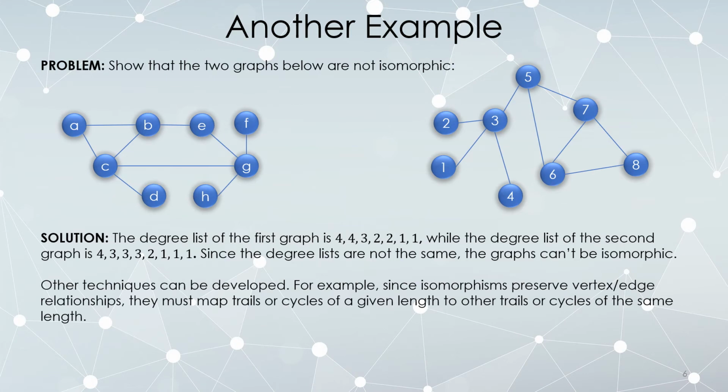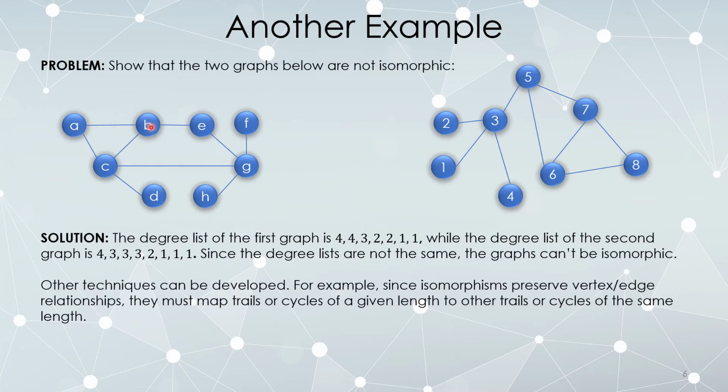There are other techniques for showing two graphs are not isomorphic. Degree list is the most straightforward. But suppose one graph has, for example, a cycle of a given length. So there are, for example, maybe 3 vertices on the left, A, B, C. I can make a cycle A to B, B to C, C to A. If there were an isomorphism, this would have to get mapped to 3 vertices in a cycle.